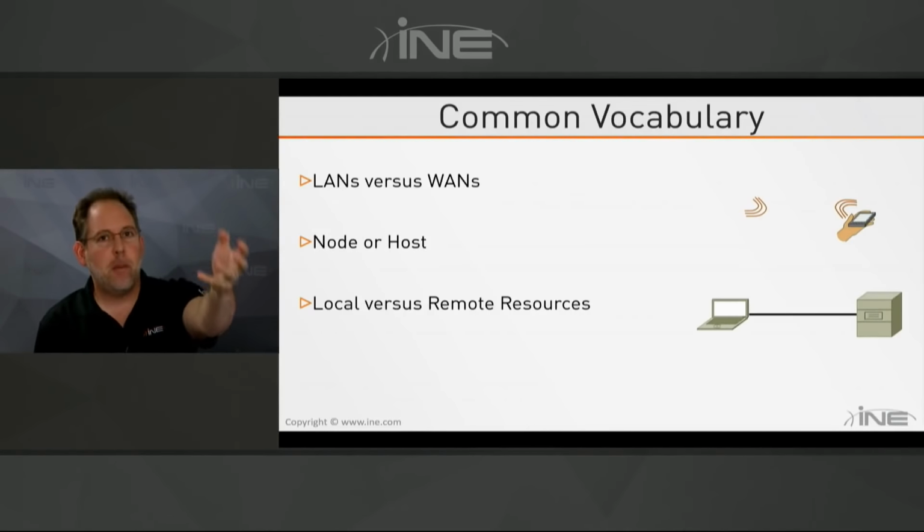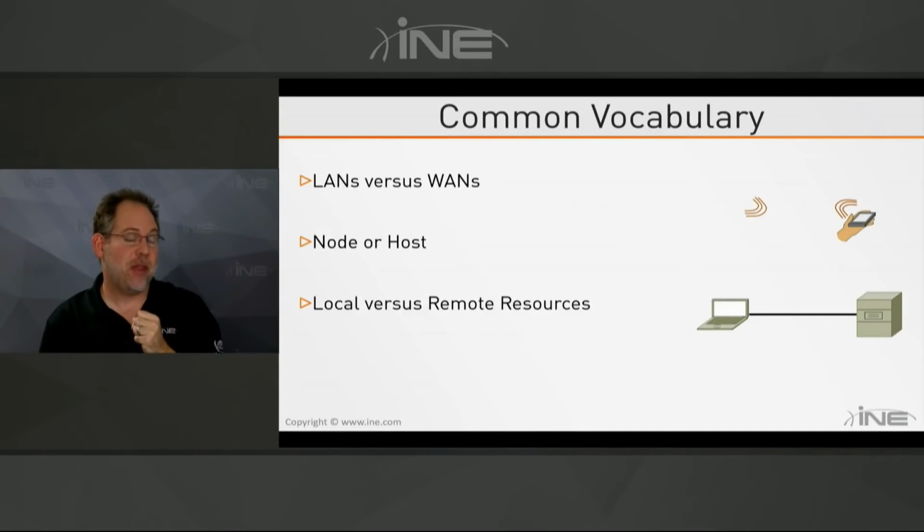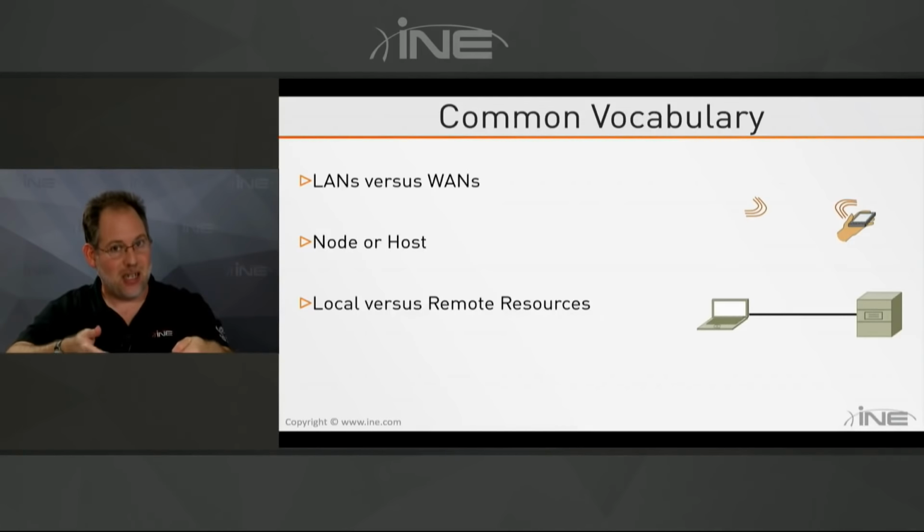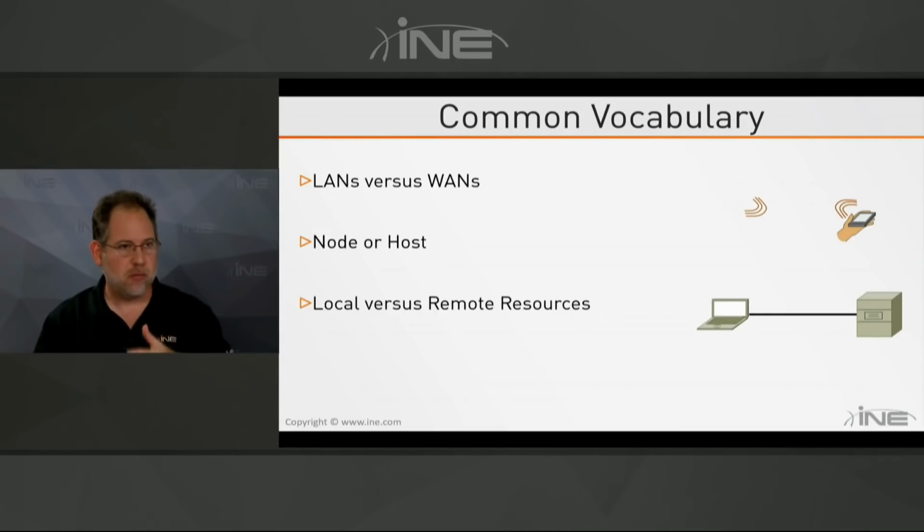You're trying to pull down a website. Well, that server is only reachable across the network. It's not on your laptop. That is a remote resource. Sometimes you can access remote disk drives like remote optical drives and things like that. So basically anything that is only reachable if you have network connectivity is considered a remote resource. It's not local to you, it's remote.